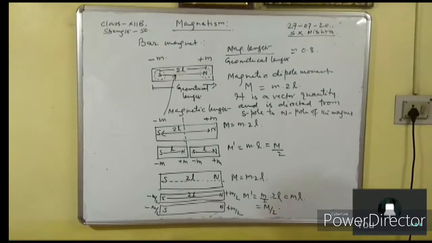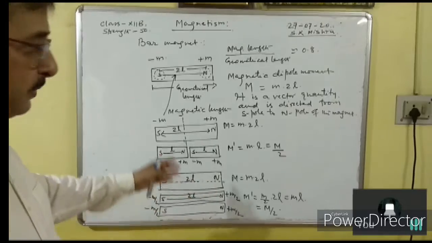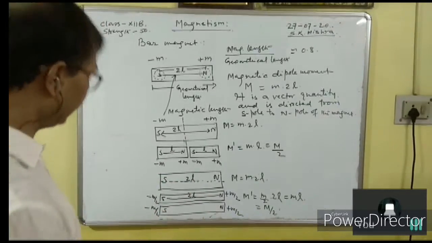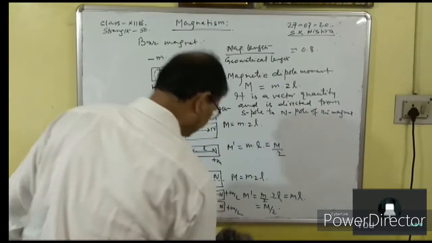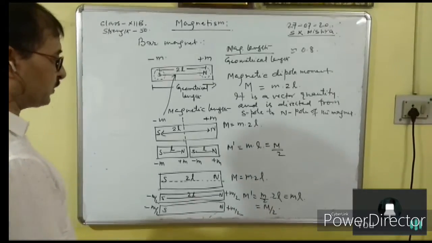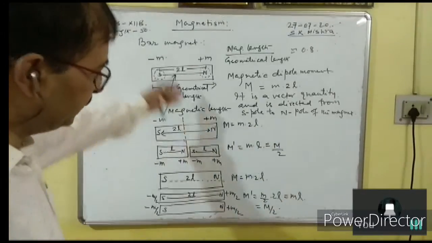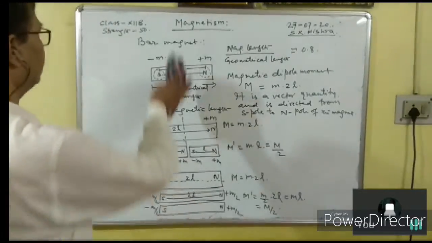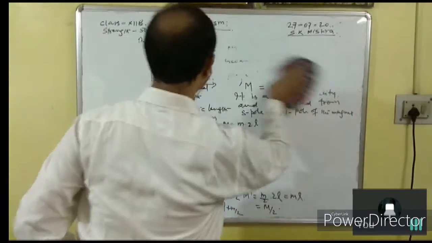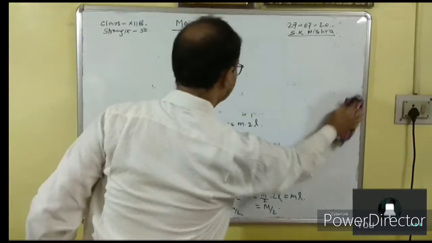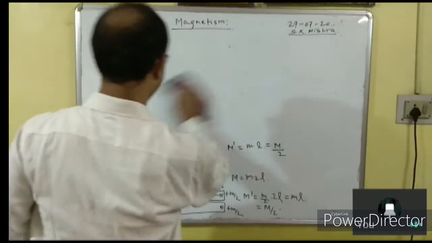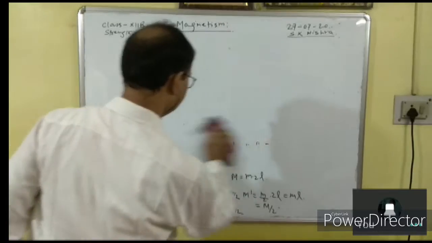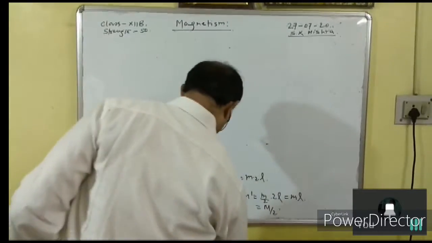Earlier, the magnetic dipole moment M is equal to small m into 2L. Now the magnetic dipole moment of one part, M dash: the pole strength is m by 2 into magnetic length 2L only. So again it is M by 2, half of this.